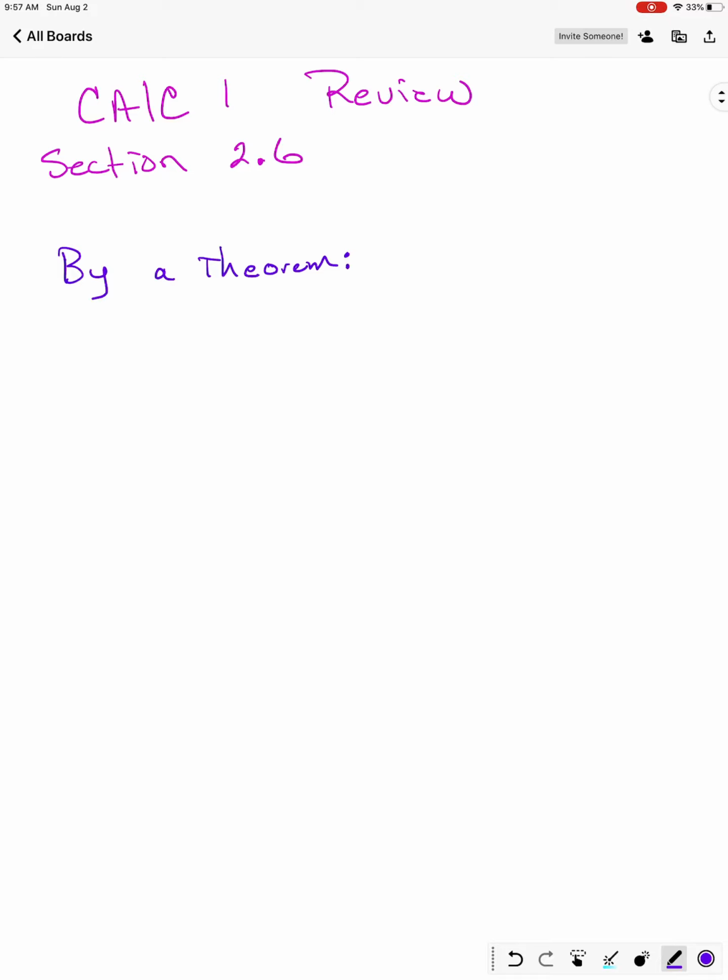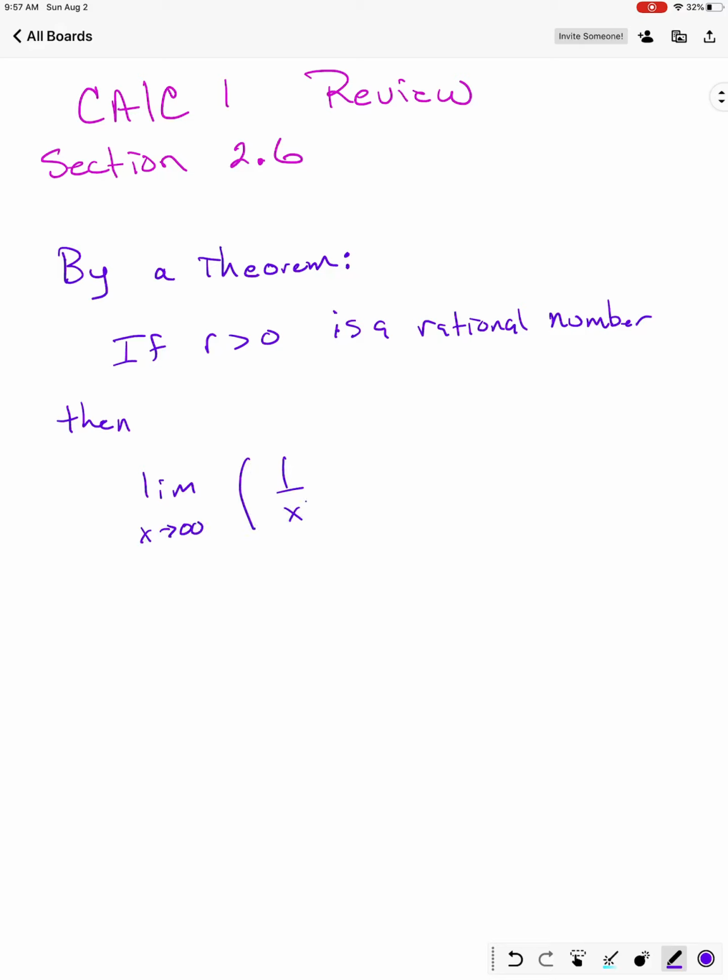Let's look at this Calc 1 section from 2.6 and have a little review. By a theorem, if r is bigger than 0 and it is a rational number, then the limit as x approaches infinity of 1 over x to the r is equal to 0.